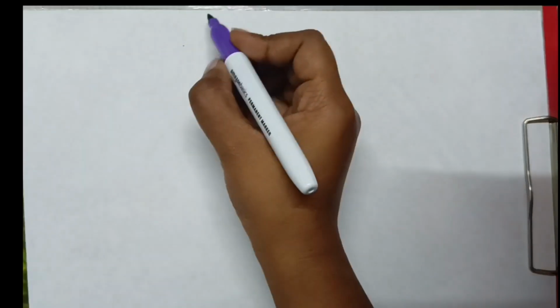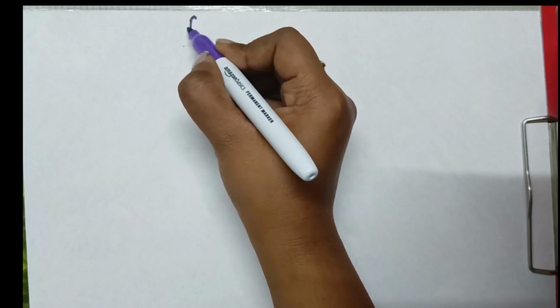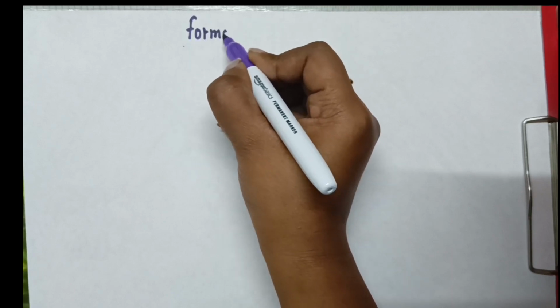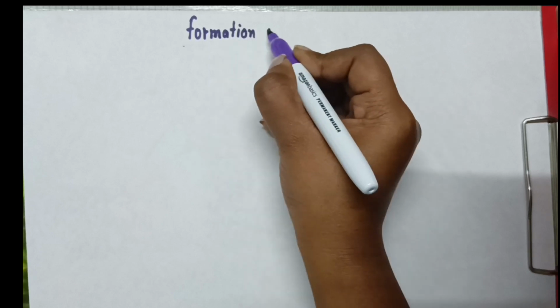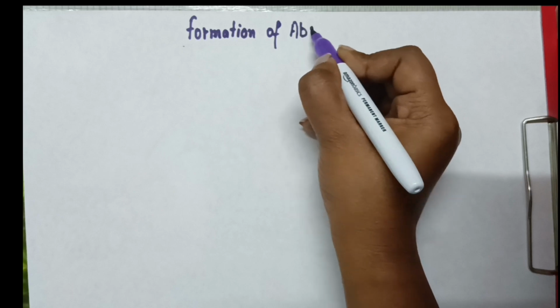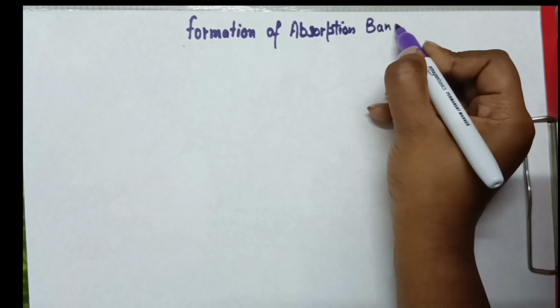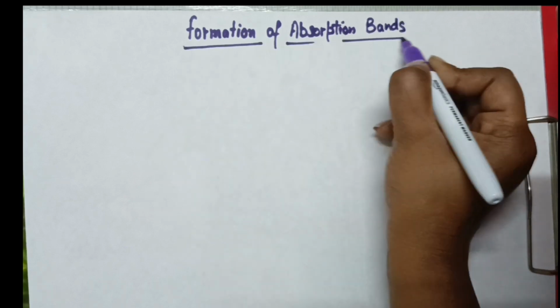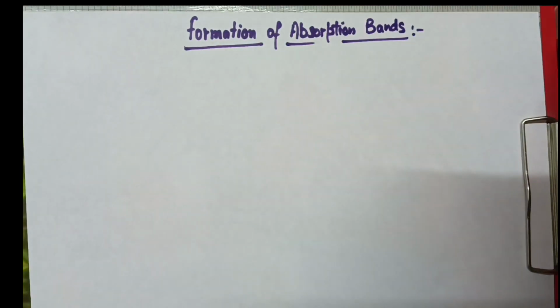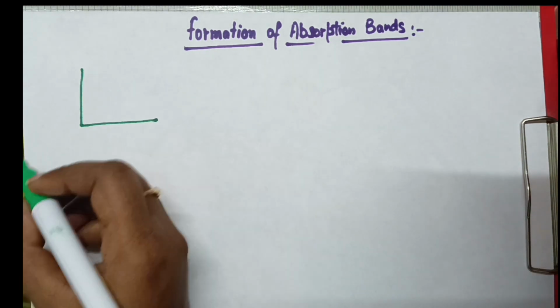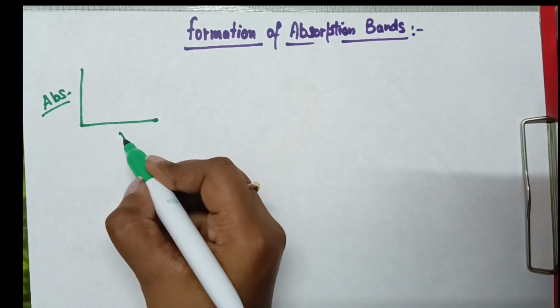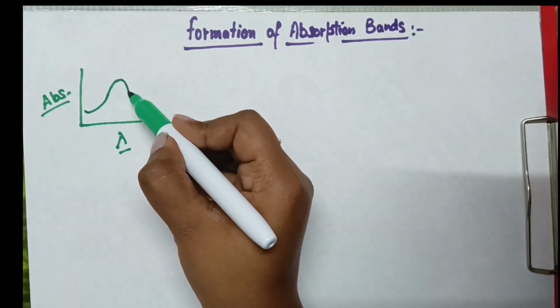So now we are going to talk about the formation of absorption bands. We have discussed earlier that whenever we get a spectrum in UV spectroscopy, in the graph between absorbance and wavelength, we never get a sharp peak.